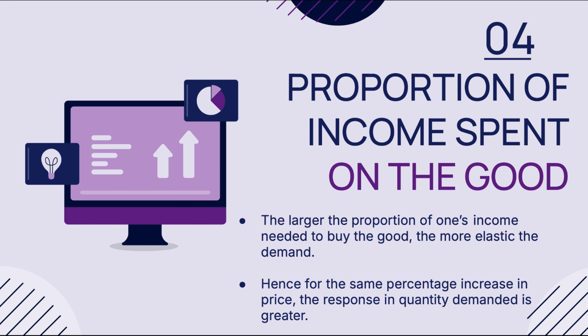So for the same increase in the price of those pens or the bottles and in the price of that car or that watch, the response in the quantity demanded is likely to be greater than in the case of that bottle or the pen. You get me?